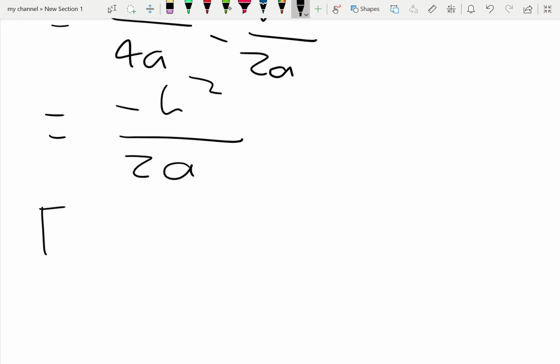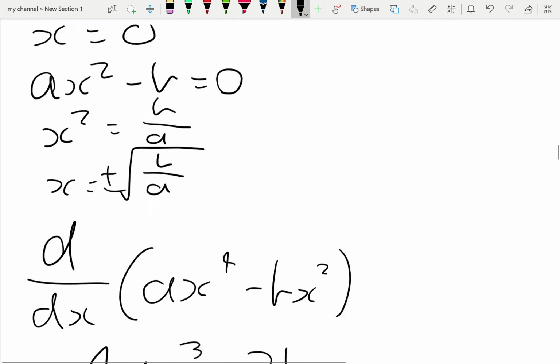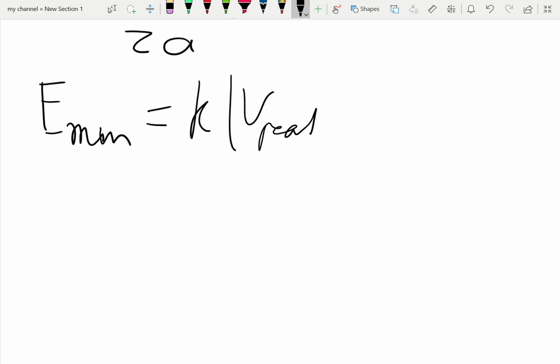E min is going to be this k value they gave times the absolute value of the difference of the potentials, k times V peak minus V trough. Oh, yeah, I don't know how to spell trough. Sorry about that, guys.